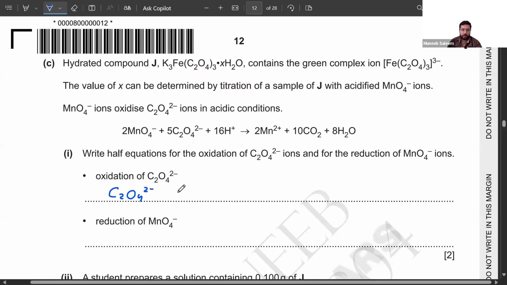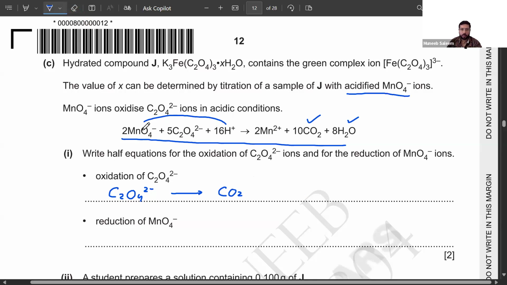C2O4 2 minus will undergo oxidation, and we can see from this equation that we have the formation of carbon dioxide. So this is the only product obtained from the organic compound. Not water here, because water will come only from the hydrogen ion, which is linked with the MnO4 minus, since it said acidified.